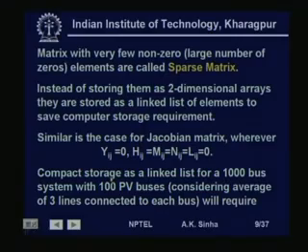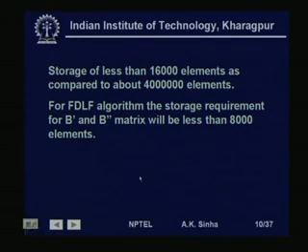Now, let us see compact storage as a linked list for a 1000 bus system with 100 PV buses. What will be the number of elements in a Jacobian matrix for such a case? Considering an average of 3 lines connected to each bus, this will require storage of less than 16,000 elements as compared to about 4 million elements in the Jacobian matrix for a 1000 bus system.